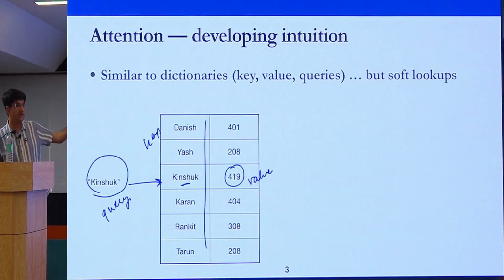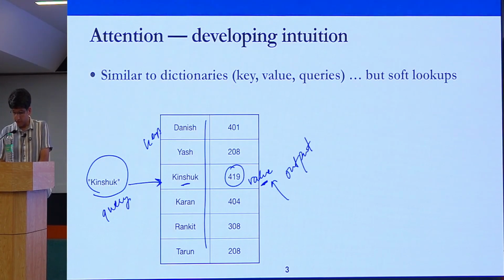So this is a useful application when you're trying to figure out where kinshuk sits, if you're trying to look up kinshuk in the room directory, right? You have a query, you have a set of keys, you try to match your query with the set of keys, and if there is a match, you take the value corresponding to that key, and that becomes your final output.